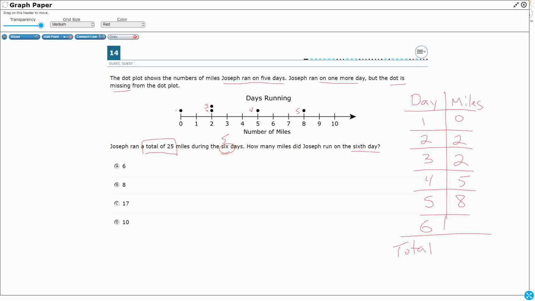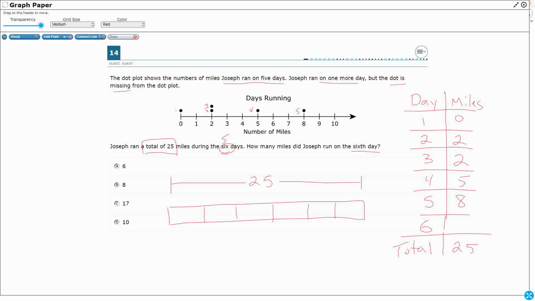So if I just keep that in mind, basically what this is turning into is a really long addition problem with a missing addend, right? We could also view it as a part-whole, where we've got the 25 as our total, and then we've got all of these numbers as our parts, and we're just missing one part, really.